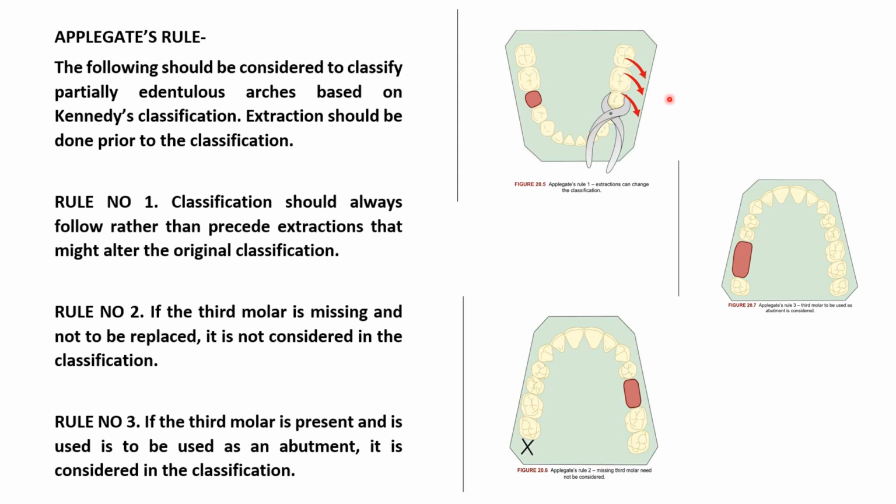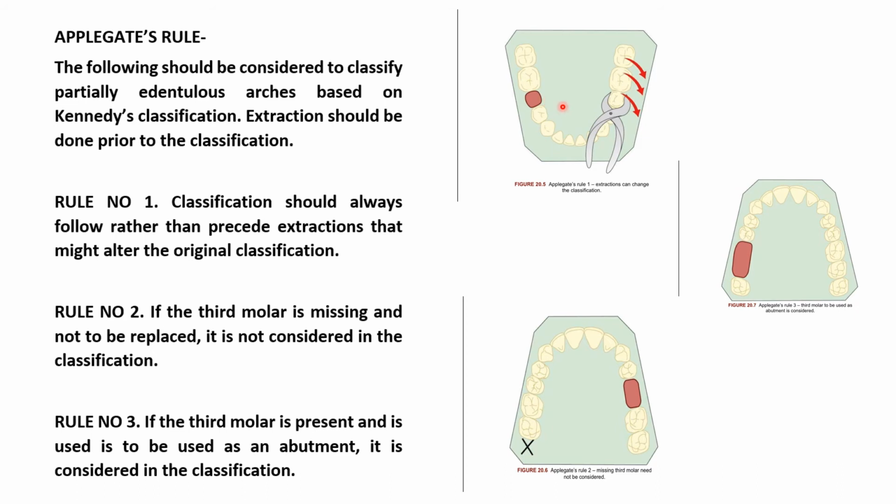If these teeth are not extracted before the classification, it turns out to be class 3, because teeth over here are present and this edentulous area is between the natural teeth, so it is class 3 according to Kennedy's classification.